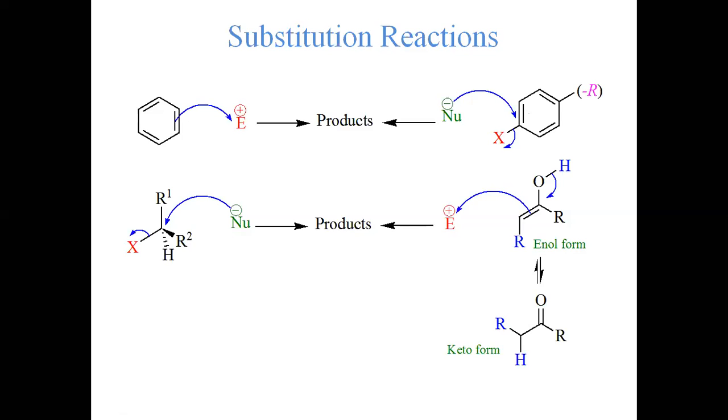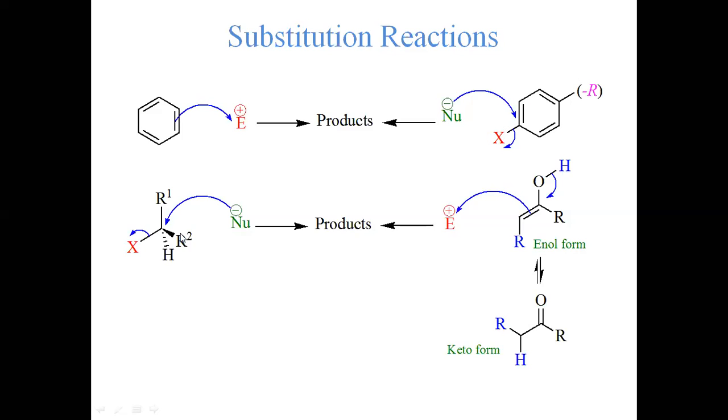So again, here we shall have four different classes of substitution reactions. Now we are going to start first with the case where our substrate is electron rich, aromatic, and undergoing electrophilic substitution. We shall also come across nucleophilic aromatic substitution, or aromatic nucleophilic substitution.